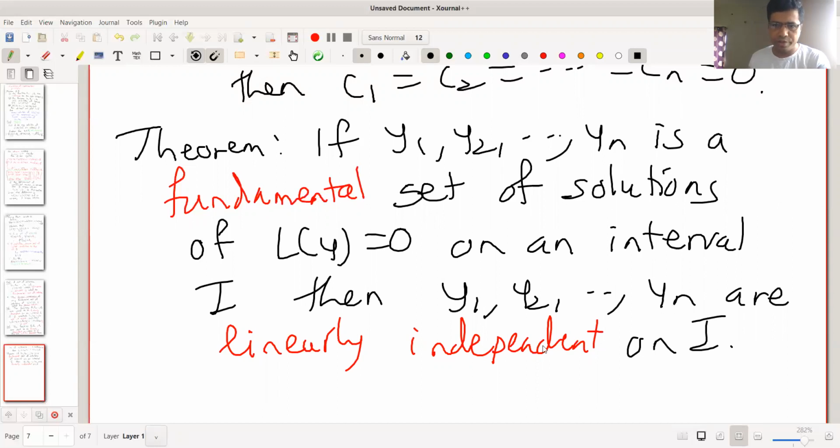That means if we have linearly independent solutions on interval I, then they form a fundamental set of solutions.